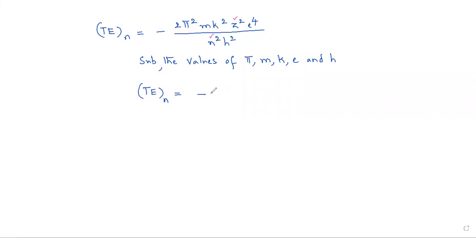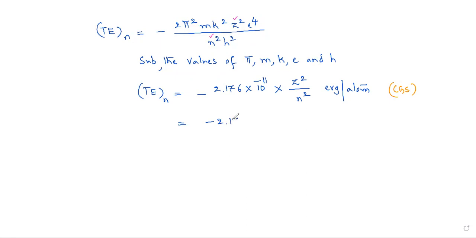minus 2.176 into 10 power minus 11 into, of course, z square by n square. This is in erg per atom, right? Now this is in CGS system. Take everything in CGS system, you'll get the final value as this.